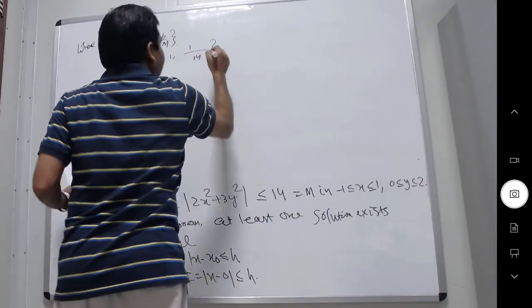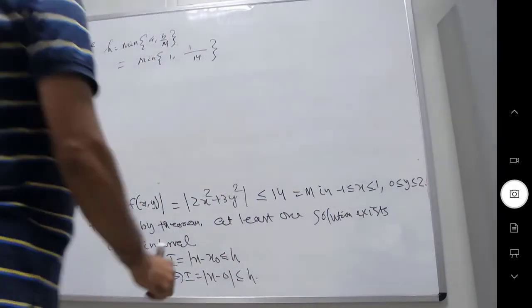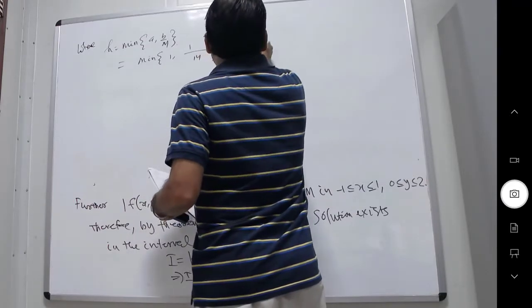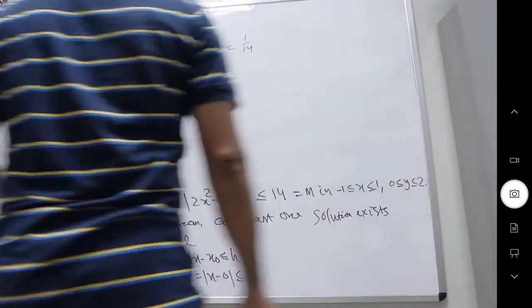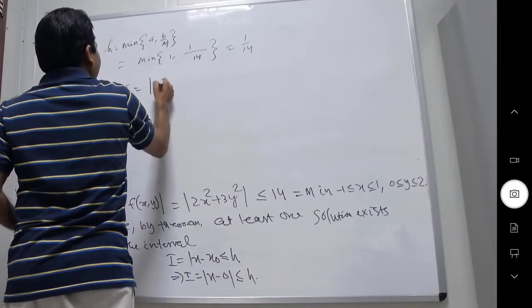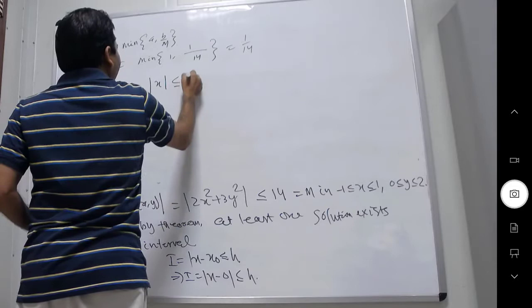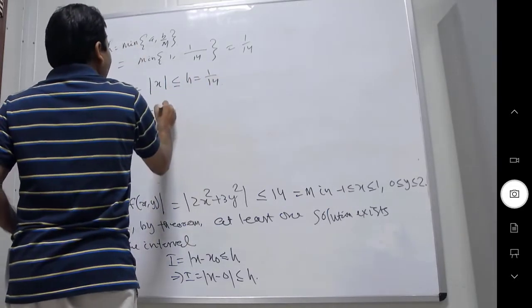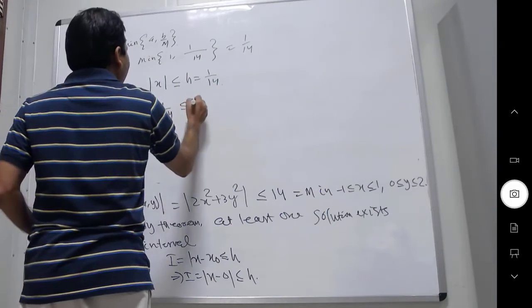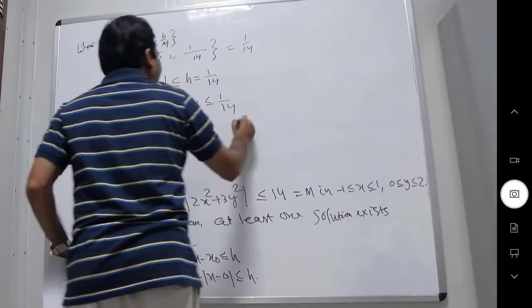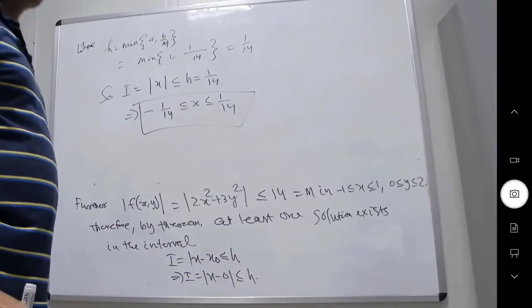So this is equal to 1 by 14. So your interval I was mod x less than equal to h, which is 1 by 14. That means minus 1 by 14 is less than equal to x, less than equal to 1 by 14.